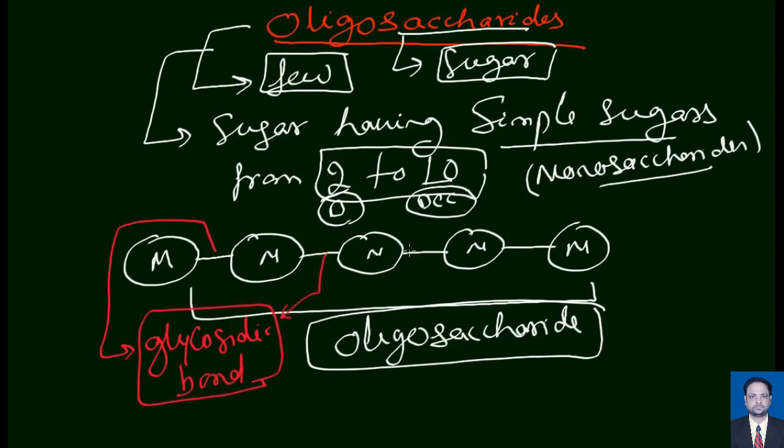These glycosidic bonds combine all the monosaccharides to form a complete chain of oligosaccharides. So 2 to 10 simple sugars are joined by glycosidic bonds to form a chain of molecules called oligosaccharides. And here also we find polyhydroxy aldehydes and ketones, as we discussed in the monosaccharide groups.